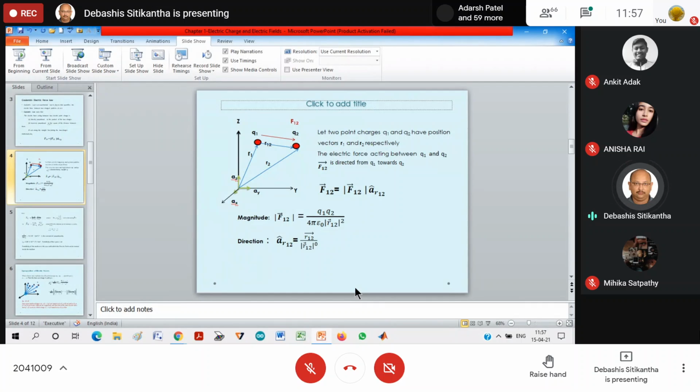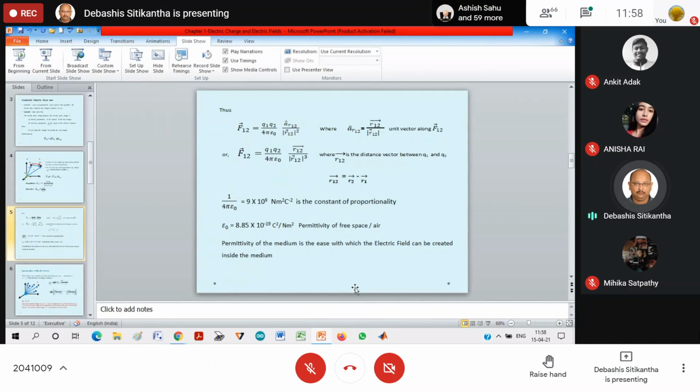Since there is a proportionality, there will be a constant of proportionality, which is given by 1 by 4 pi epsilon 0. Now, the total magnitude of this electric force is given by Q1 Q2 by 4 pi epsilon 0 R12 square. Next, since it is a vector quantity, obviously it is going to have a direction. So the direction is given by the distance vector divided by the modulus of the distance vector.